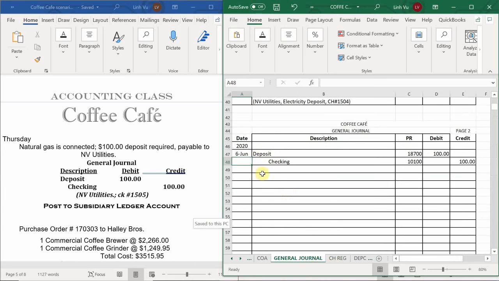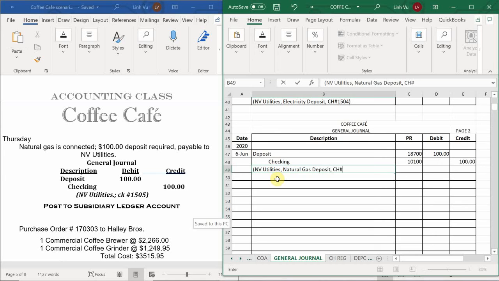But now that I have my check number, 1505, I go back to my general journal, and this time I'm going to be putting in here that we wrote a check out to NV Utilities. And this is for natural gas deposit.